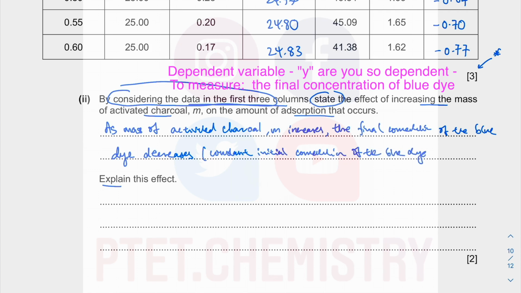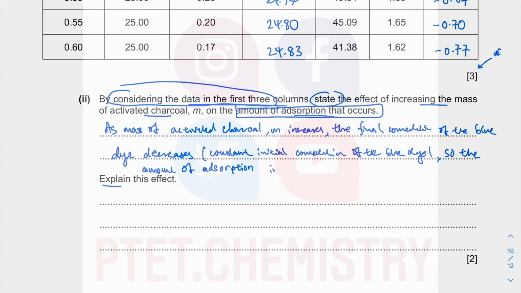So I've used the first column there, I've used the second column. The initial concentration of the blue dye was constant, but the final concentration of the blue dye decreases. So I still haven't answered the question. They want the amount of adsorption that occurs. So the amount of adsorption increases because I get lesser and lesser blue dye in the end. That means more and more of the blue dye have bonded to the activated charcoal surface.